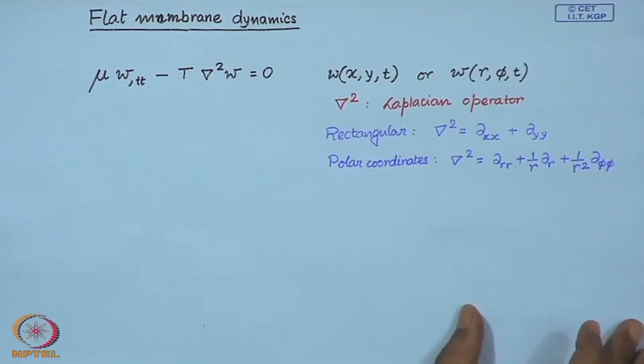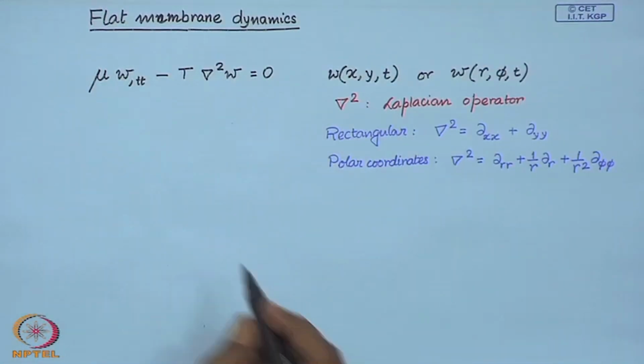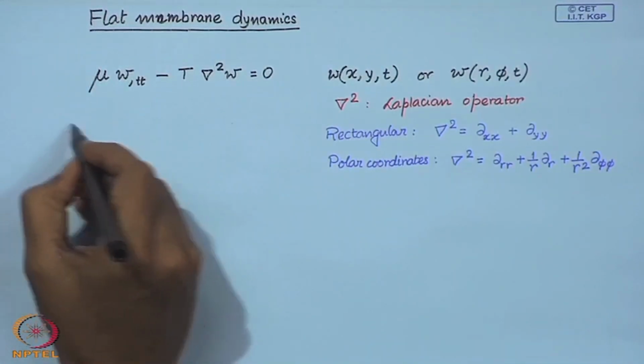So, we have this Laplacian operator in two coordinate systems, and along with this we have boundary conditions.